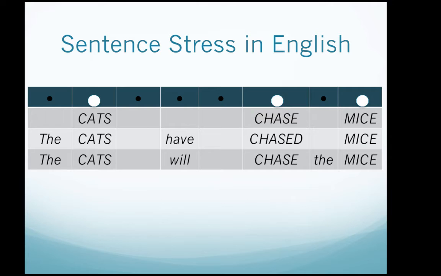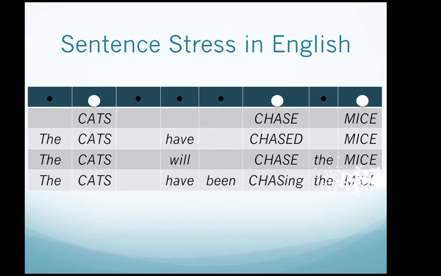If we add one more, the sentence stress remains the same. The cats will chase the mice. Cats chase mice. The cats have chased mice. The cats will chase the mice. If we add even more words, the same thing happens.